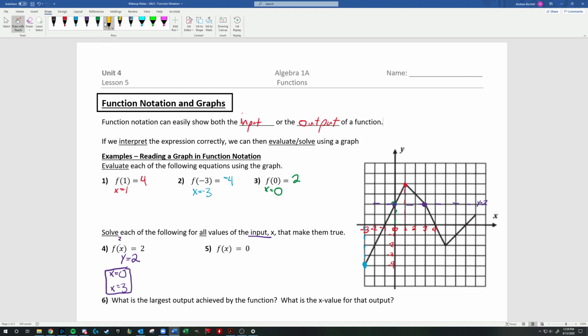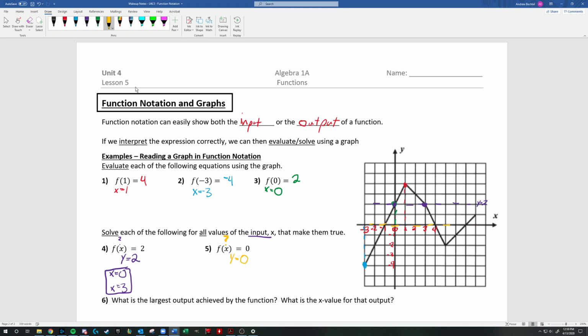One last example. Again, we want to remember that the number in the parentheses is x. In this case, our x is unknown. But what we do know is that y equals 0. So here's y equals 0. Because it's a y-coordinate, we look side to side.